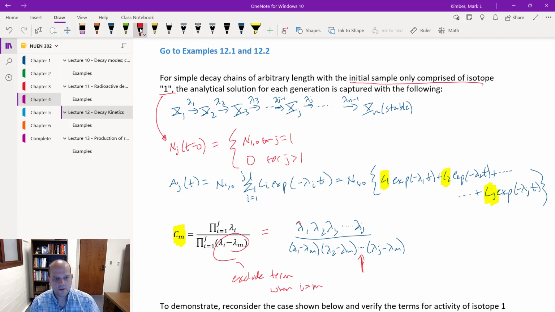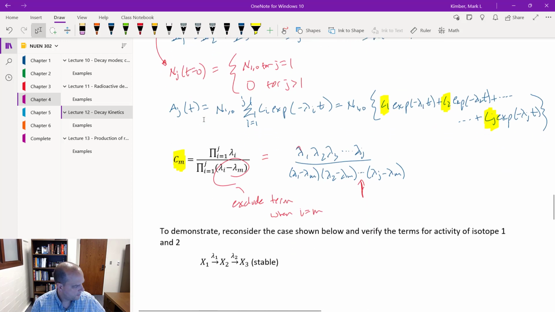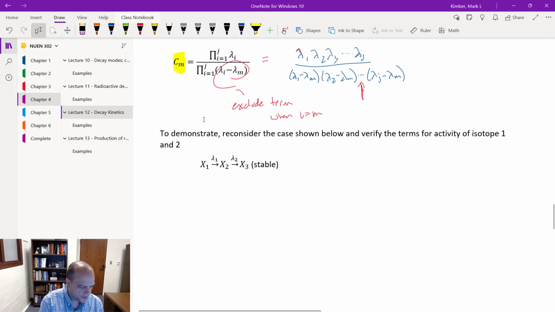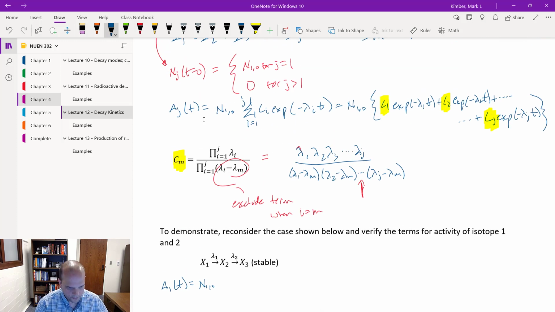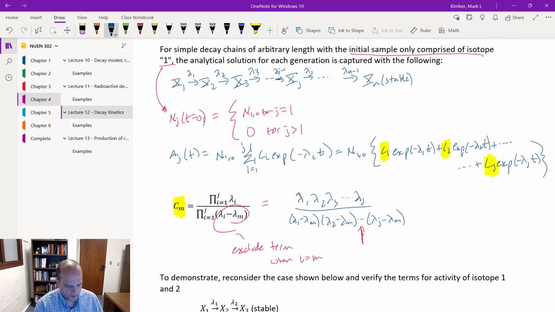Okay, so to demonstrate this, let's look at the case below. This is the case we just did a minute ago. We found the analytical solution to it. So let's double check and use these expressions to make sure we get the same answer as before. So we've got x1 to x2 to x3. The activity of 1 is going to be, according to my expression, n1 of 0 multiplied by however many terms I have.